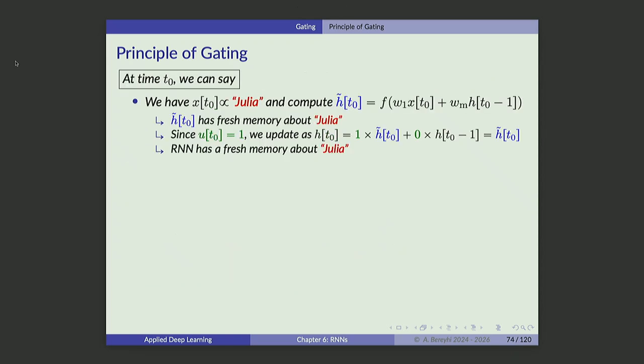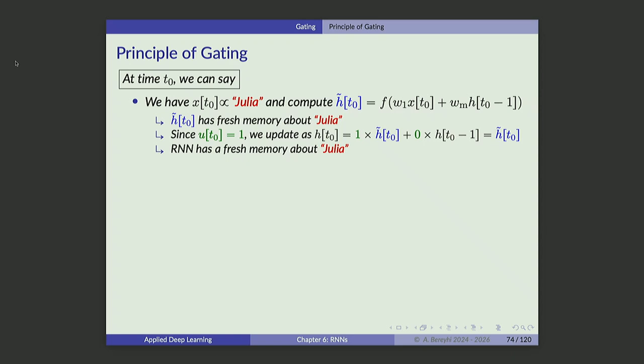If I am going over my sequence and I get to the point where Julia is happening, I'm going to compute my memory in this form. This memory has some memory from before, and it's going to have x_t0, the token which contains Julia. So x_t0 is fresh information about Julia. I compute h tilde at that time, and that h tilde is computed out of this input, Julia, so it's going to contain fresh memory of Julia.